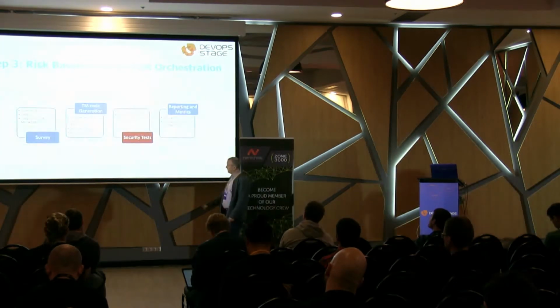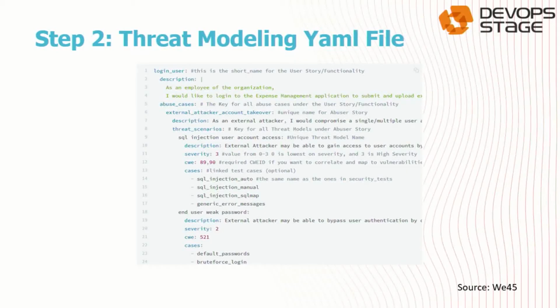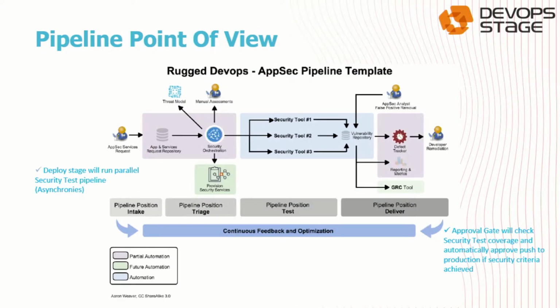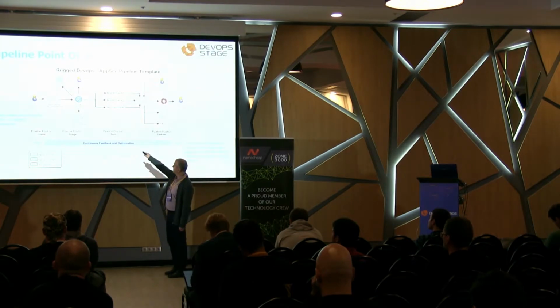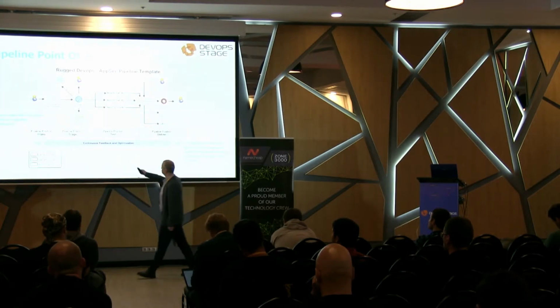So now we have patterns we provided to developers, we selected patterns, and we have the YAML file. Now we can use the YAML file to automate different processes in our pipeline, for example, risk-based security test orchestration. So what is it? We can incorporate some kind of security orchestration tool here.